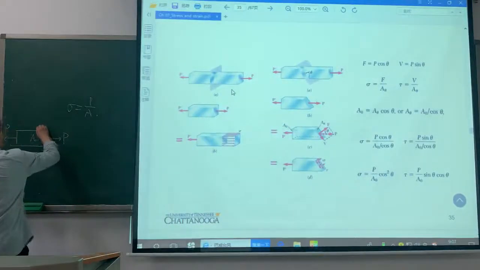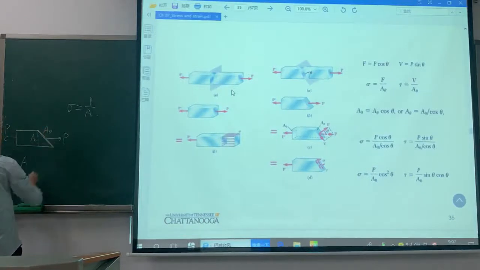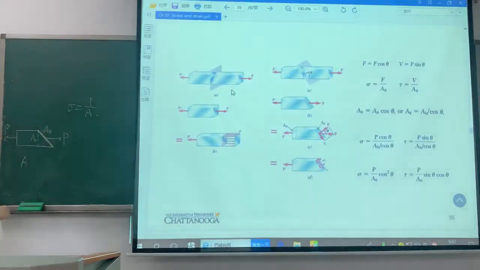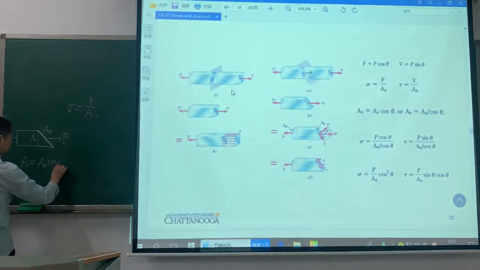The area of this oblique surface is A theta, which is A0 over cosine theta. The angle is theta.